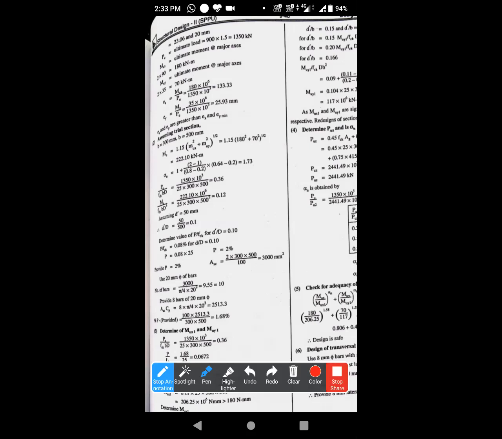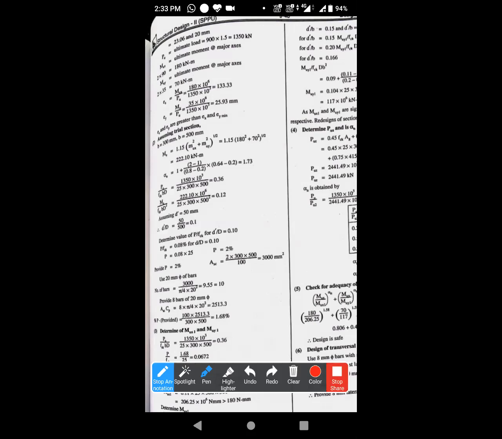You have to provide the percentage steel as 2%. Go for the area of steel for compression. The formula is, as you know, percentage PT is equal to 100 AST upon BD.